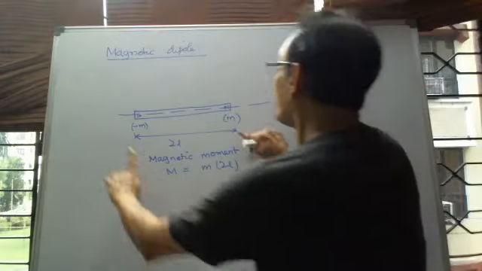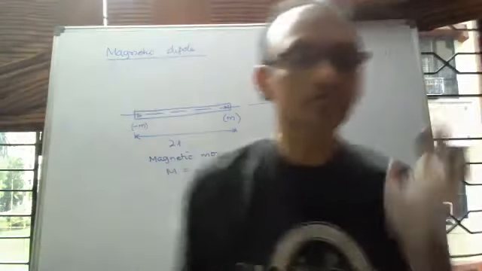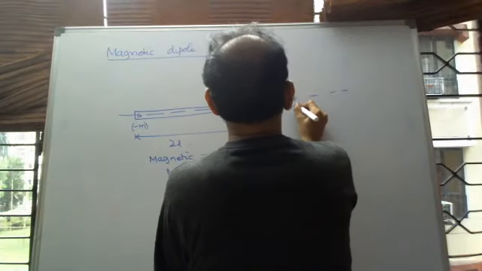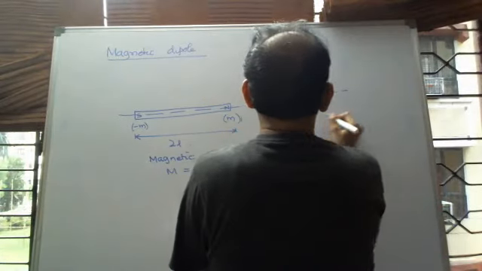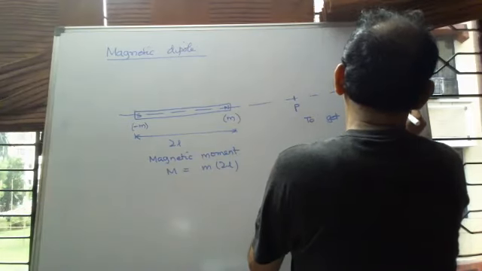Now, for a bar magnet with minus m and plus m, I want to be able to obtain the field at a point P created by the bar magnet.